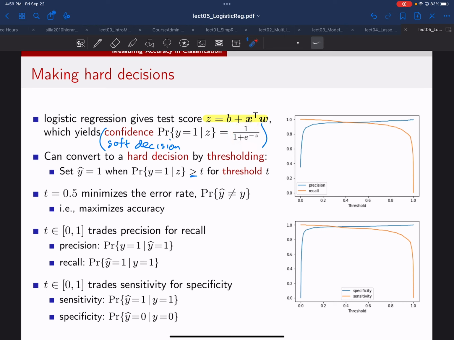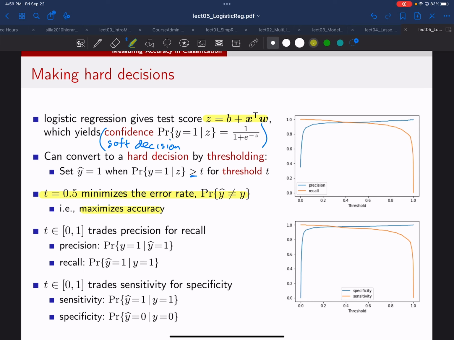We said if z is 0 or larger, we return label 1. If z is less than 0, return the label 0. Or equivalently, if the soft decision was 0.5 or higher, we return 1. And if the soft decision was less than 0.5, we return 0. And in fact, that choice is the right choice if you want to minimize the error rate or maximize accuracy. That's exactly what you want to do.